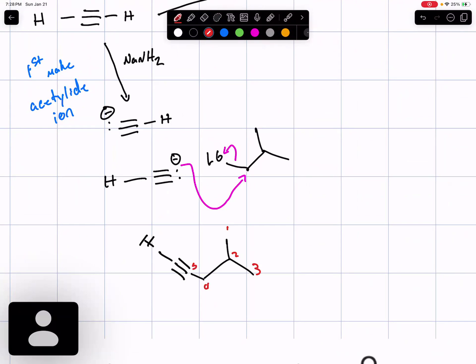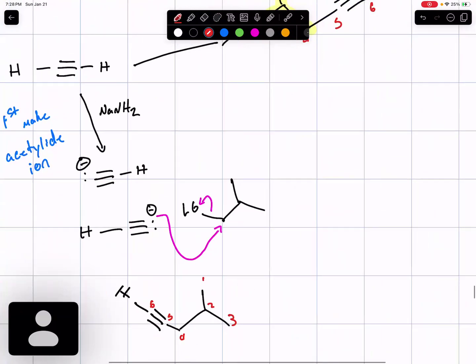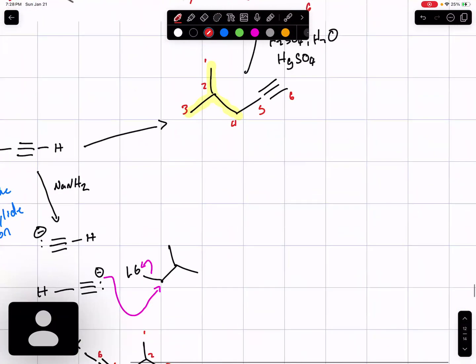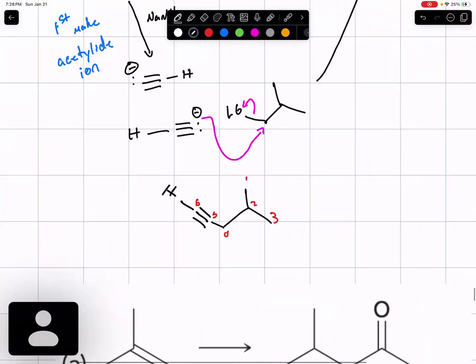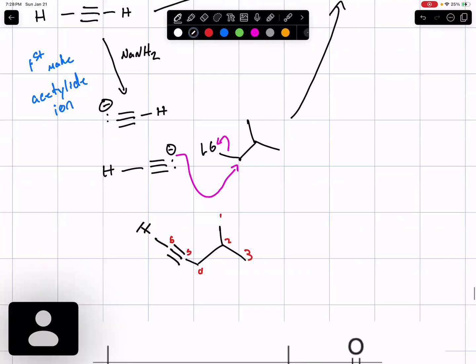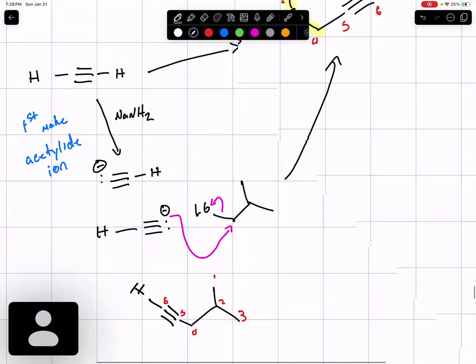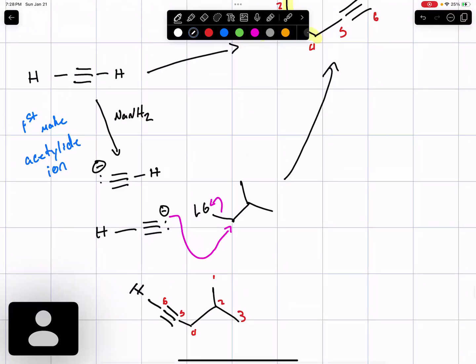Now we have 5 and 6. So after this SN2 reaction, we get our penultimate product. Does everybody see that so far? But first, we had to have made this good leaving group at the last position.